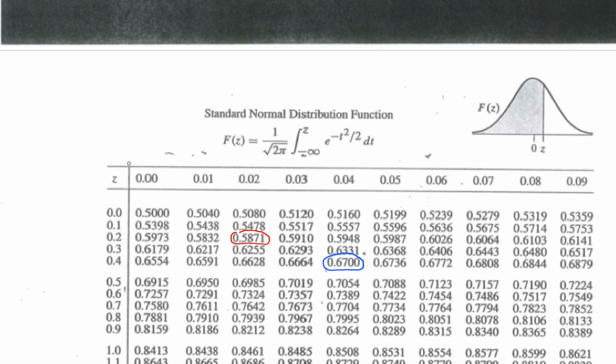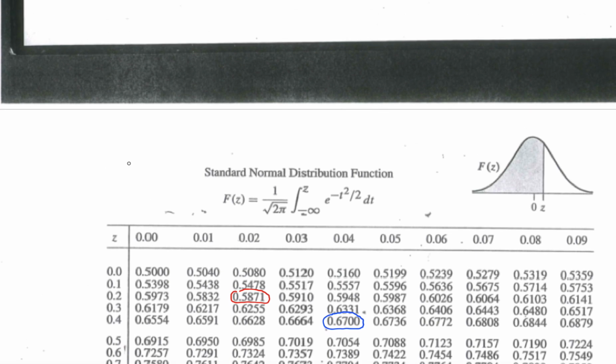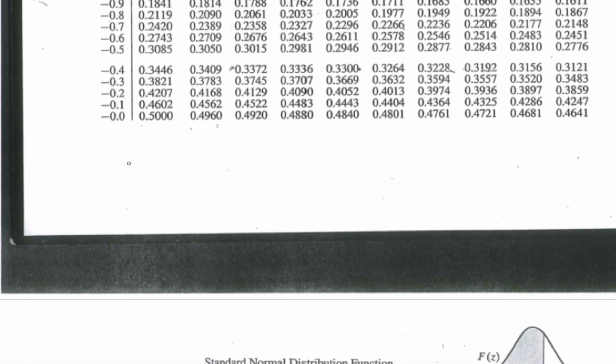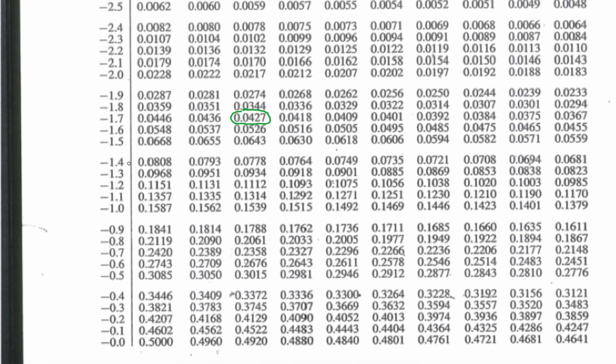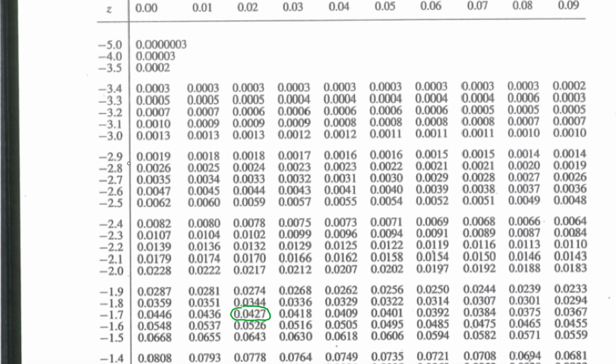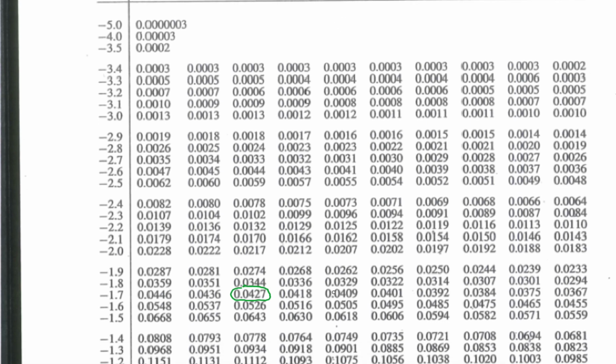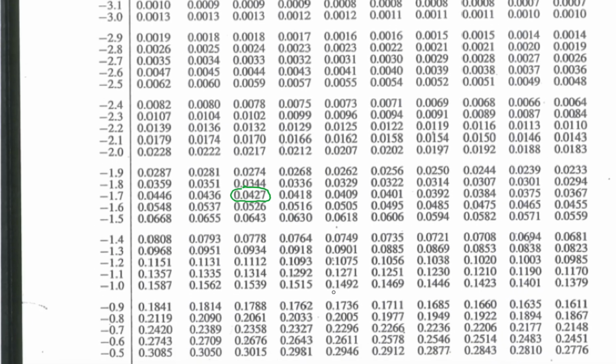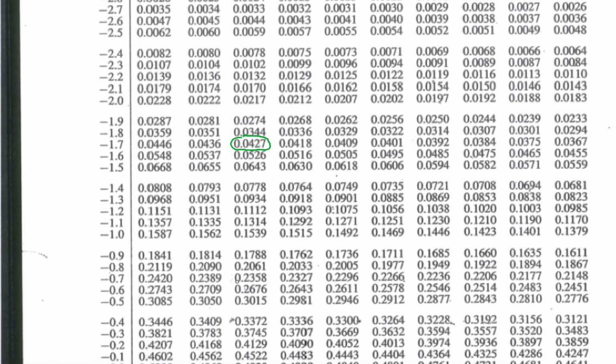Now, there's a lot of symmetry here, so look at what's going to happen. The probability that z is less than or equal to negative 0.44: here's our 0.04 column, and then let's go back down to the negative 0.4 row, right here. So this is what we need. And look at that, it's the same 0.33.